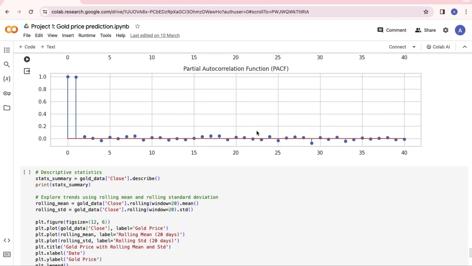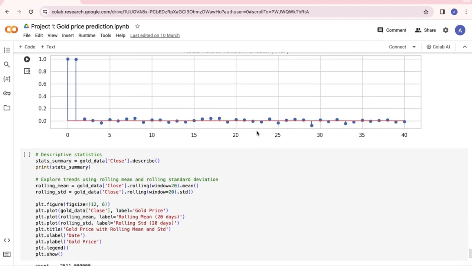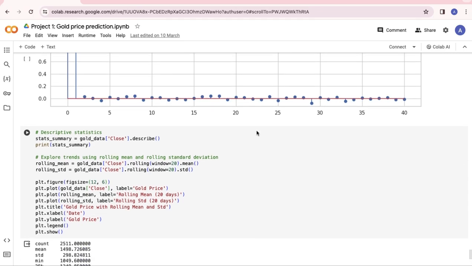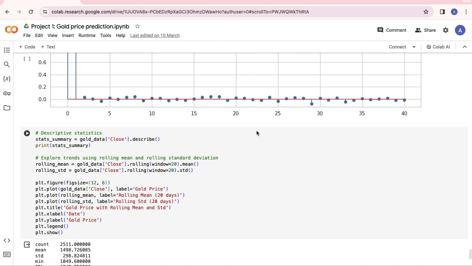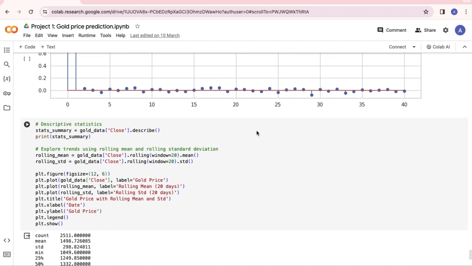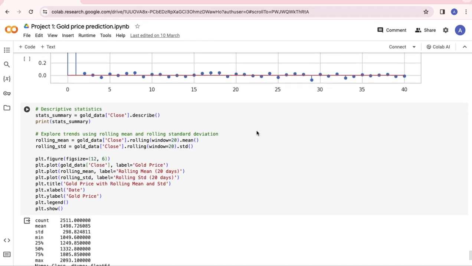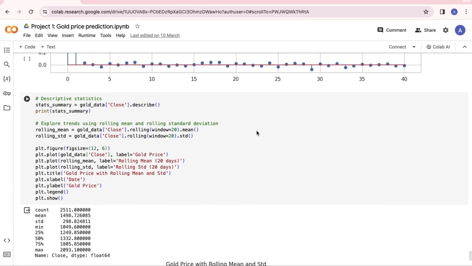Then I conduct descriptive analysis. Descriptive analysis involves summarizing and describing the main features of the dataset, such as its central tendency, dispersion, and distribution. It provides insights into the basic characteristics of the data, allowing researchers to understand its structure and make initial interpretations without performing any complex statistical tests.